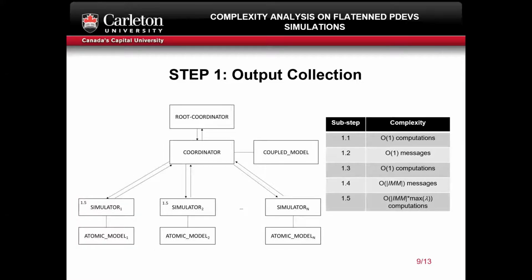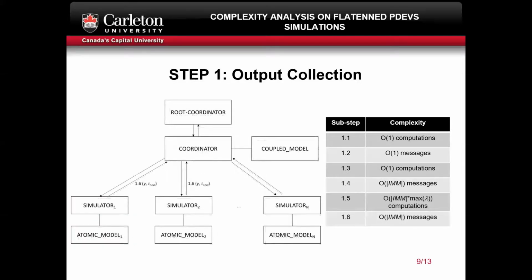Similarly, in 1.5, where each one of the simulators is executing its output function, this depends on how many of them are executing as well. So the complexity of this substep 1.5 is the number of imminents multiplied by the maximum complexity of the output functions they are executing. And again, this depends on specific dynamics occurring in this substep.